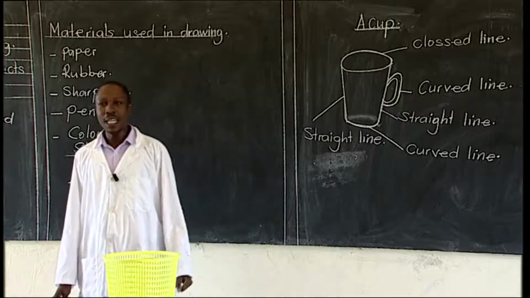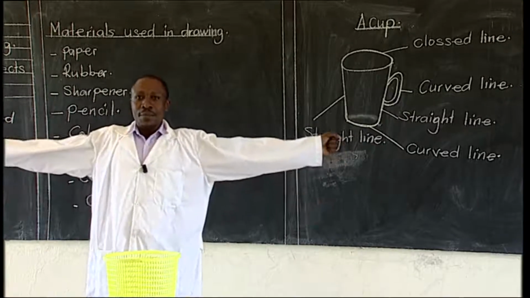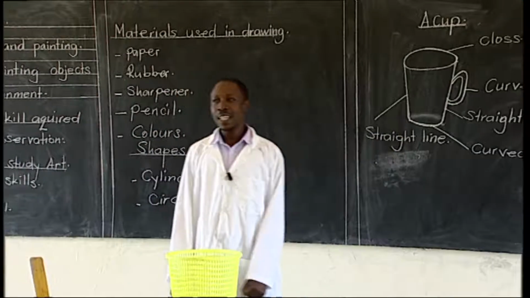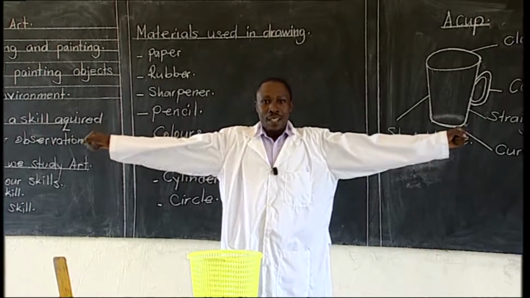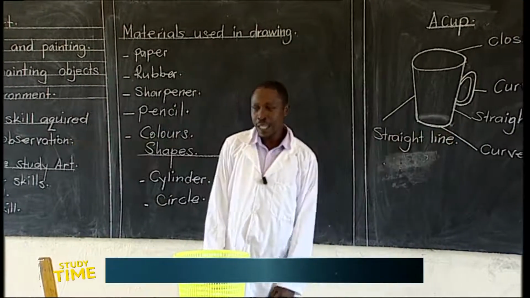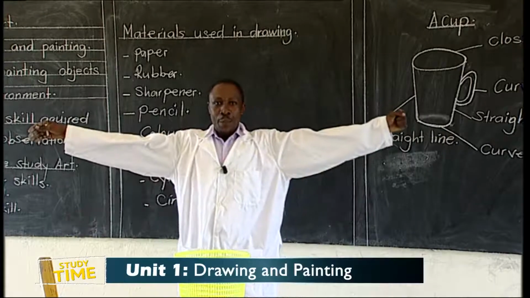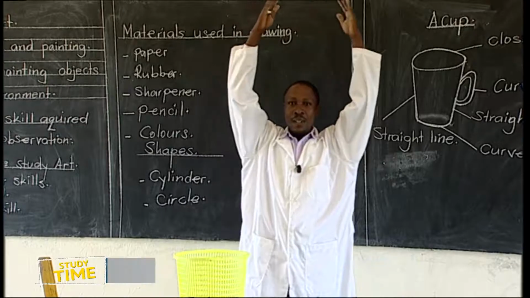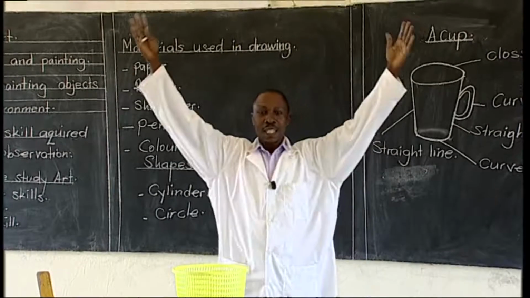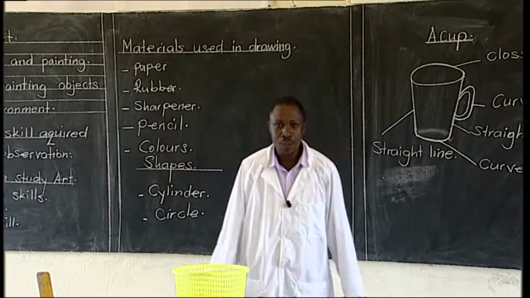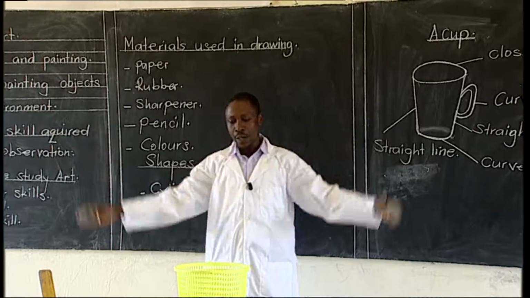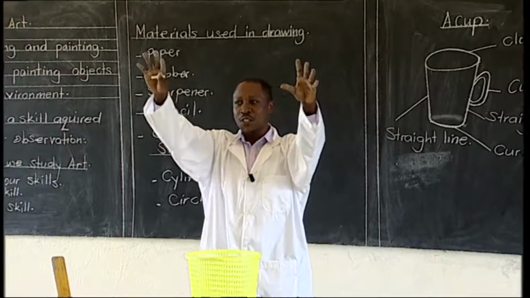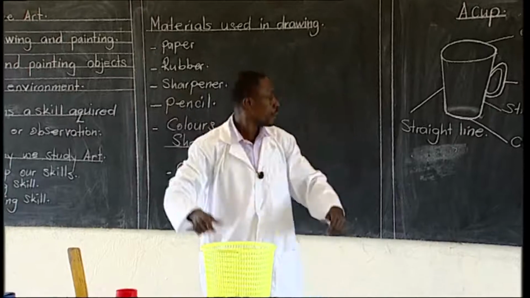Okay, breathe in, out, in, out, in, out. Arms up, arms down, arms up, arms down, arms up, arms down. Okay, good. You sit.